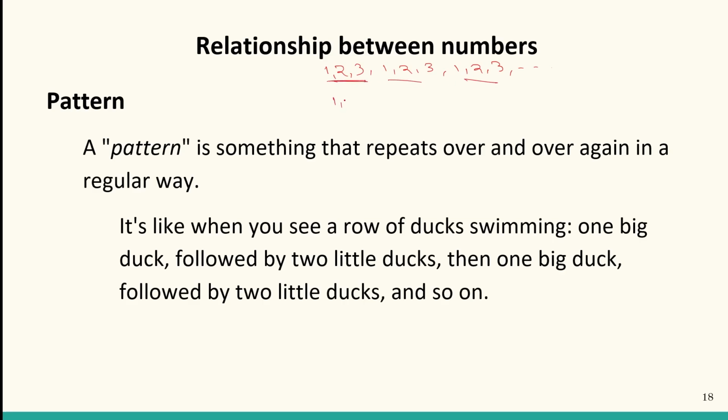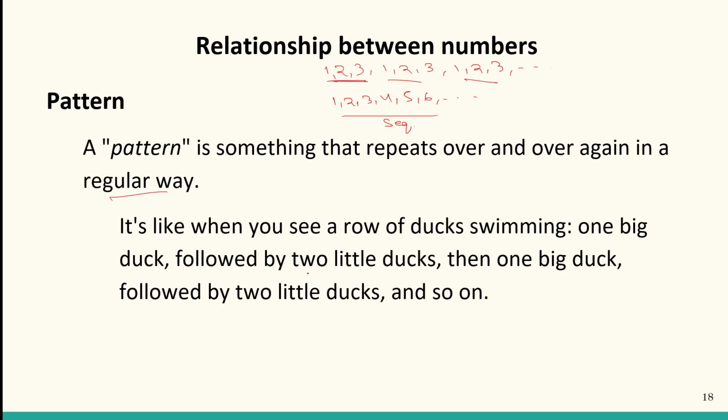But if you see 1, 2, 3, 4, 5, 6, and so on, this is a sequence, but it's never repeating. That is why not all sequences are patterns, but all patterns are sequences. Patterns are basically sequences where things are repeated over and over again in a regular way.